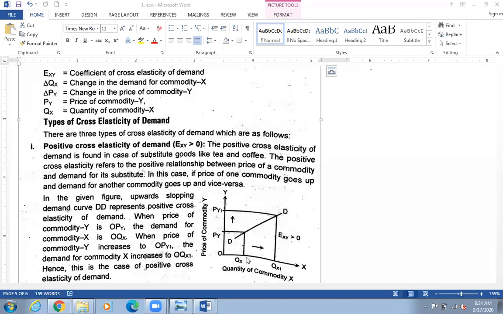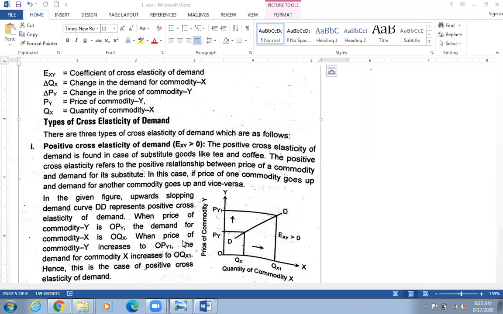The demand of which product has increased? The demand of Y has not increased. The demand of X has increased. So product X has increased from QX to QX1. Okay, so this shows the positive cross elasticity of demand. So finished. In this way you can give the explanation.